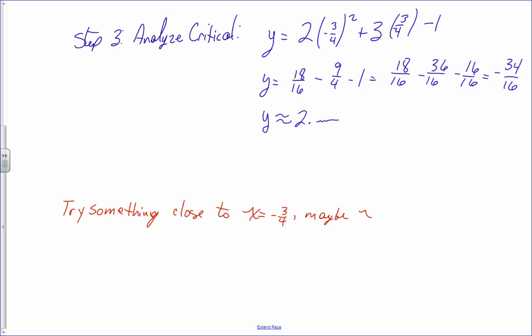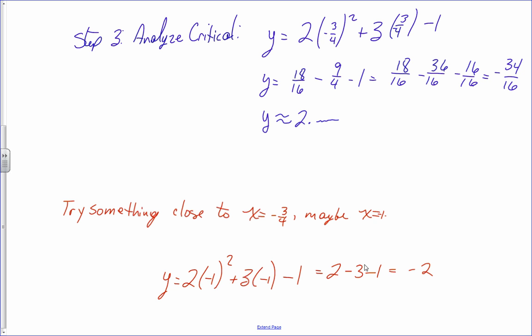That's close. Go ahead and plug it into our original equation. y equals 2 times negative 1 squared plus 3 times negative 1 minus 1. So that equals 2, because negative 1 squared is 1 times 2 is 2. 3 times negative 1 is negative 3, minus 1. And that gives us negative 2.